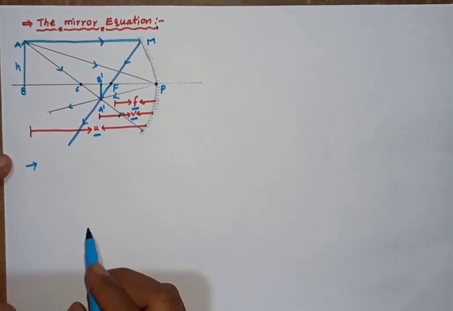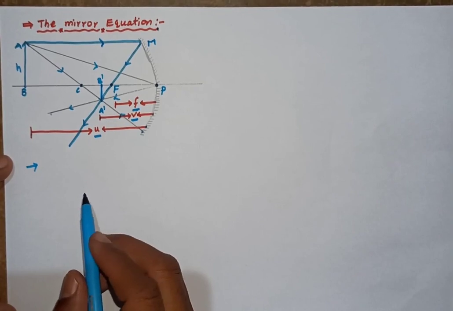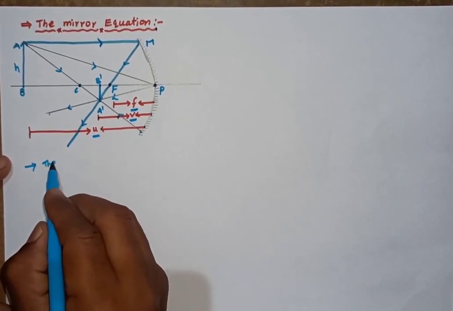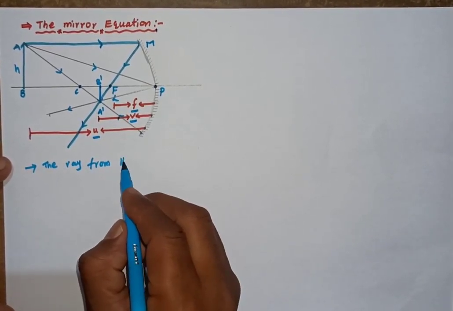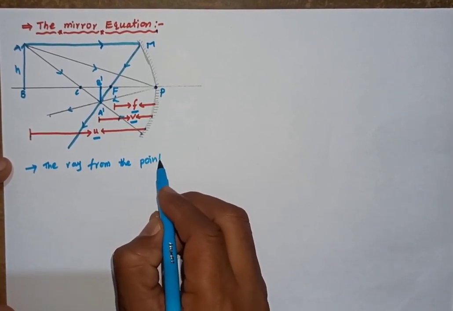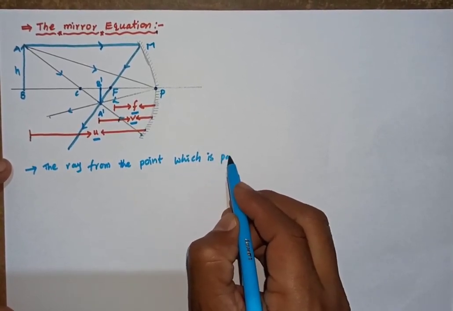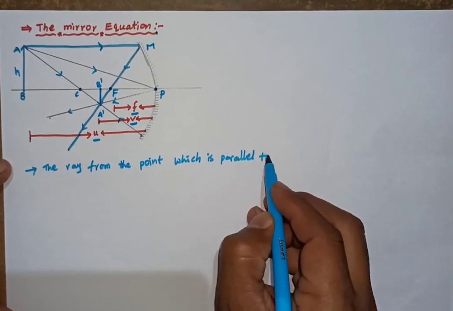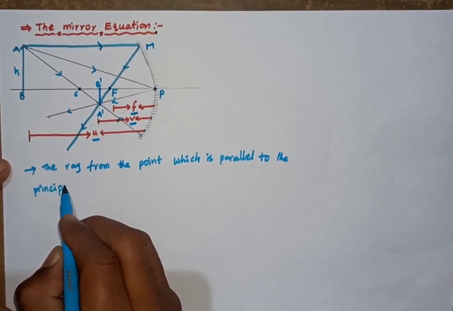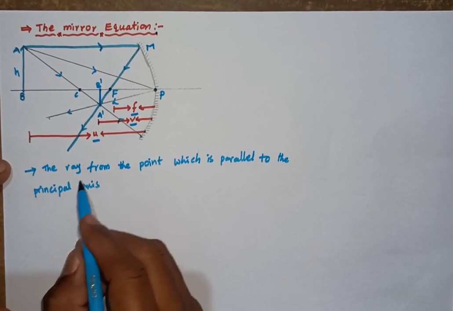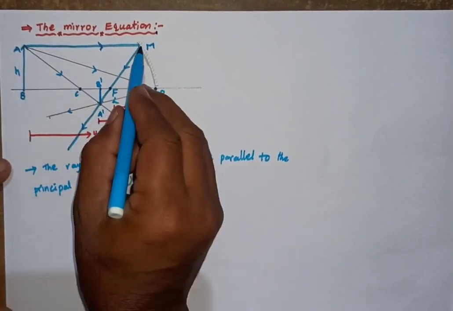Here we consider the rays. The ray from the point A, which is parallel to the principal axis, is AM.